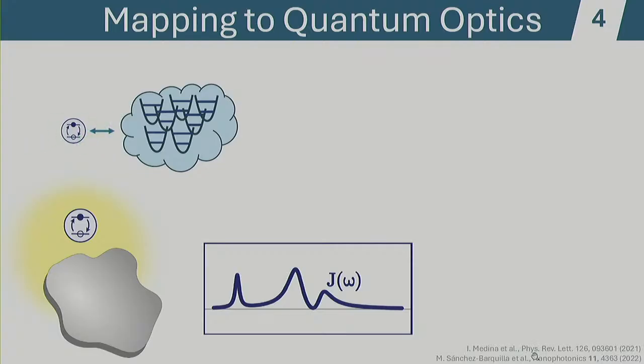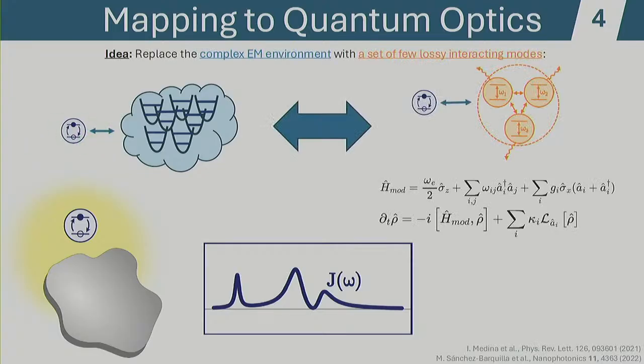What we choose is a set of a few lossy interacting modes, which we will show is absolutely equivalent to this original complex electromagnetic environment. These modes are able to interact with each other, lose their energy into the environment, and also couple to the quantum emitter, and then the corresponding Hamiltonian is this.